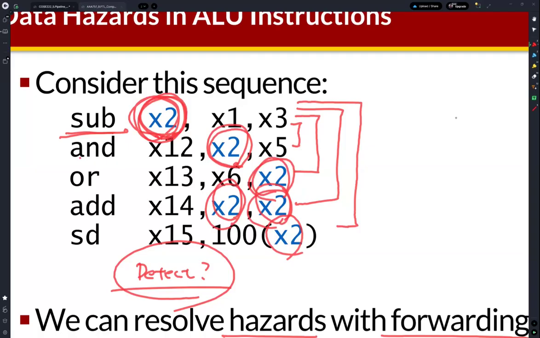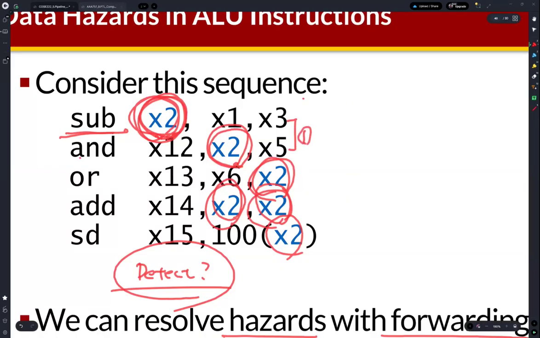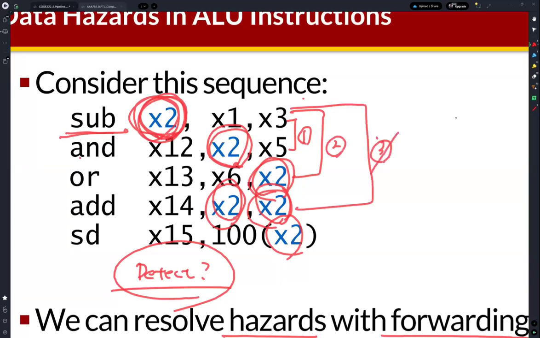This is forwarding case 1, this is forwarding case 2, and this is forwarding case 3. But we just ignore this case, because we assume the third forwarding case is automatically supported inside of the register file, like the internal forwarding. So we just ignore it.